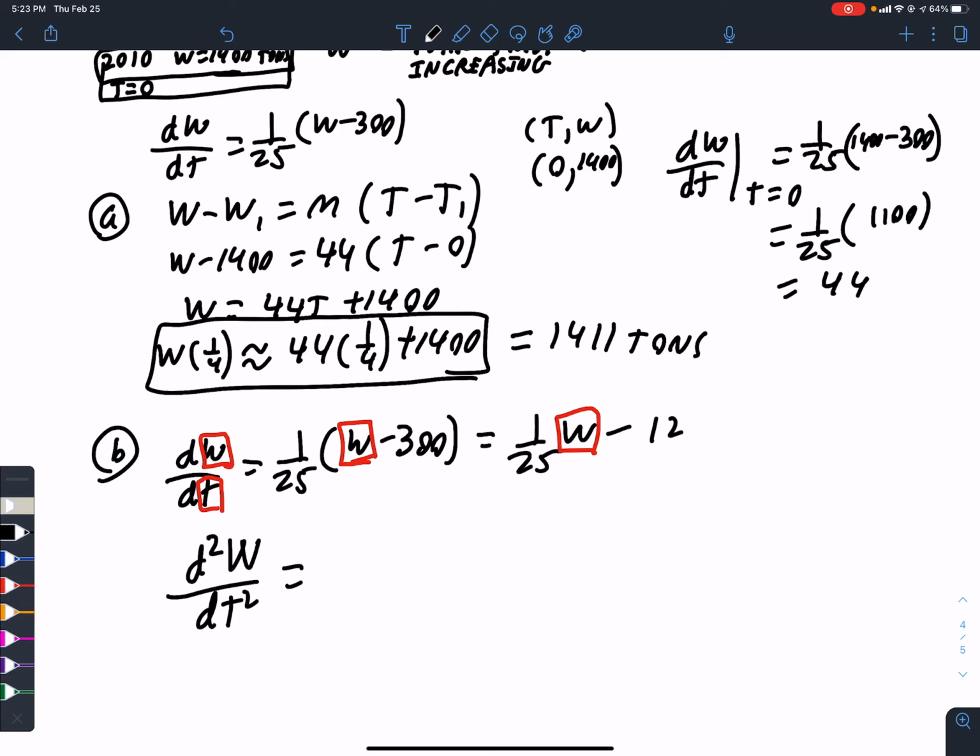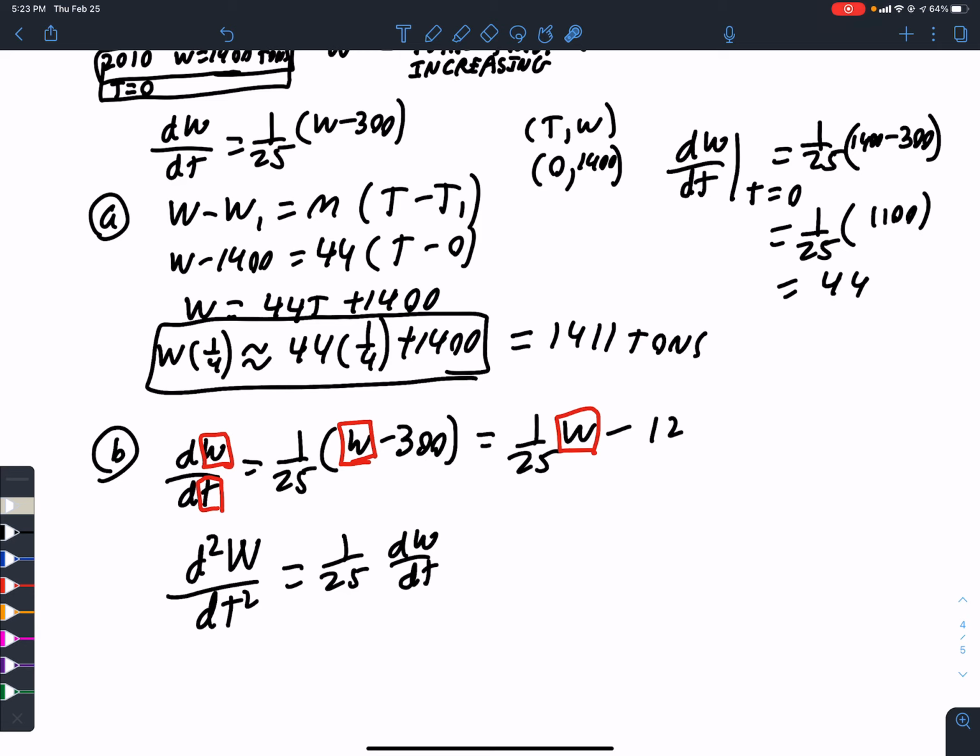So the derivative would be 1/25 times the derivative of W with respect to t. T is your variable. That's dW/dt. Okay? That's where a lot of students messed up. They just assumed this was my variable, so the answer is 1/25. I'm done. But it's not. W is your function, so the derivative of the function is dW/dt, because it's with respect to time.